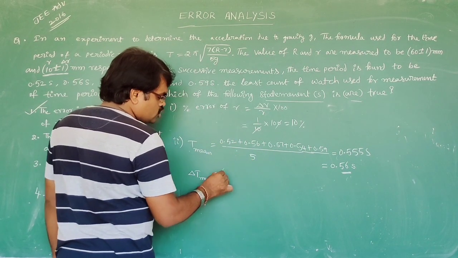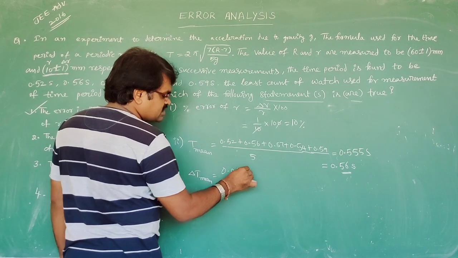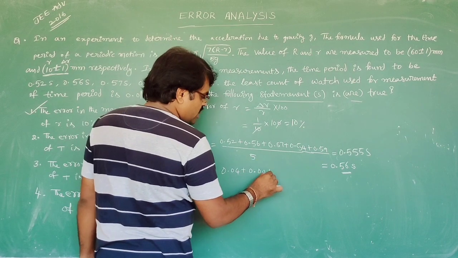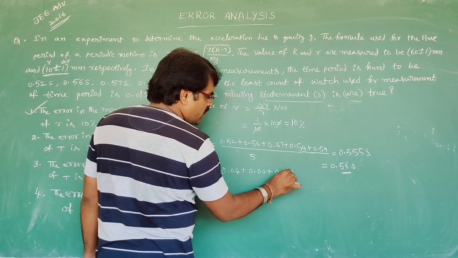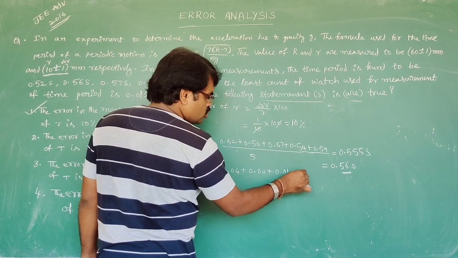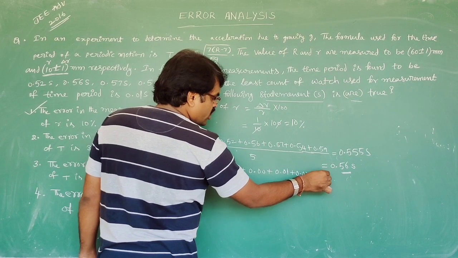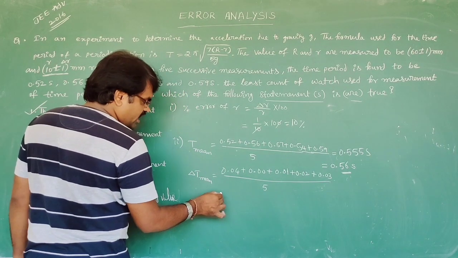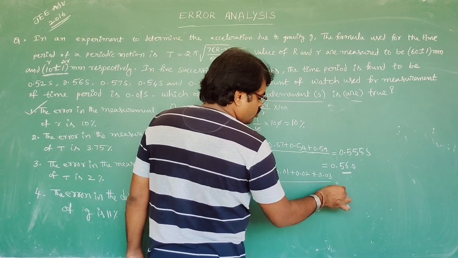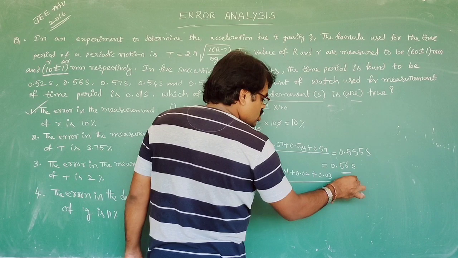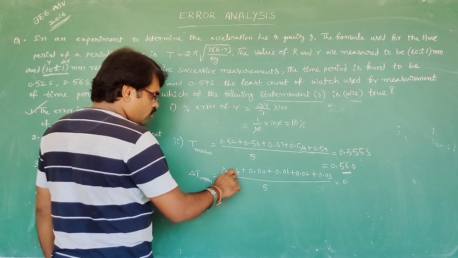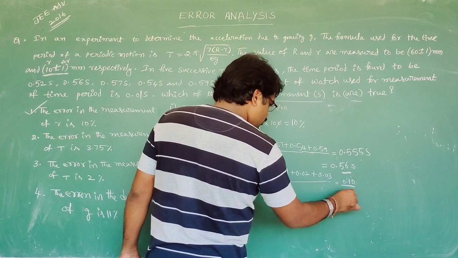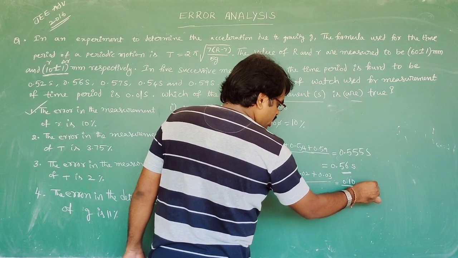Here subtracted: 0.04 plus 0.00 plus 0.01 plus 0.02 plus 0.03 by 5. This gives 0.10 by 5, so we get 0.02.